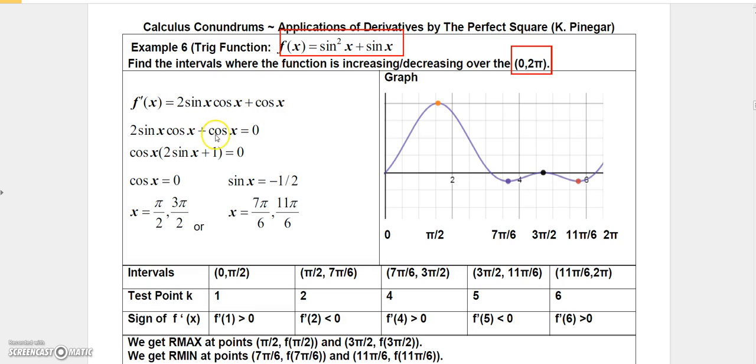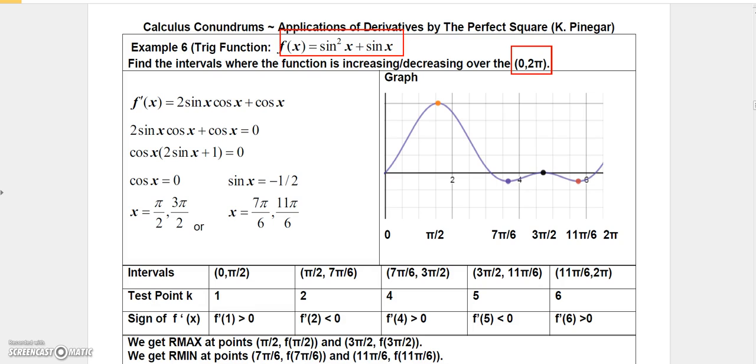And then if you set this equal to 0 and factor out the cosine x, you get cosine x times 2 sine x plus 1 equals 0. Then if you set the cosine x equal to 0, and remember we're only dealing with numbers that fall within the interval 0 to 2 pi, your critical numbers for cosine x equals 0 would be x equals pi over 2 and 3 pi over 2.